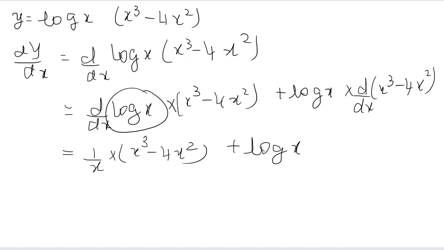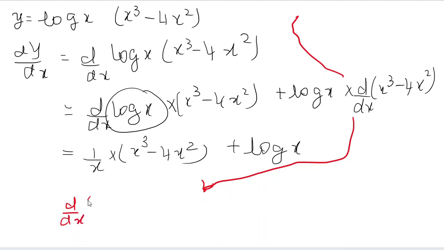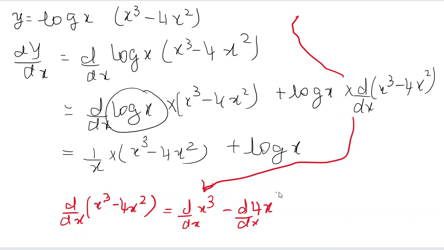Now we take this and solve it separately to get this answer. So the derivative of x cube minus 4x square will be the derivative of x cube minus the derivative of 4x square. The derivative of x cube is found to be 3x square. Whenever there is a number attached, we remove that number and we focus on the derivative of x square.